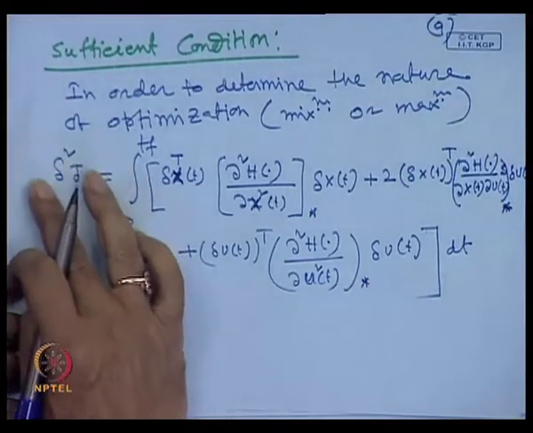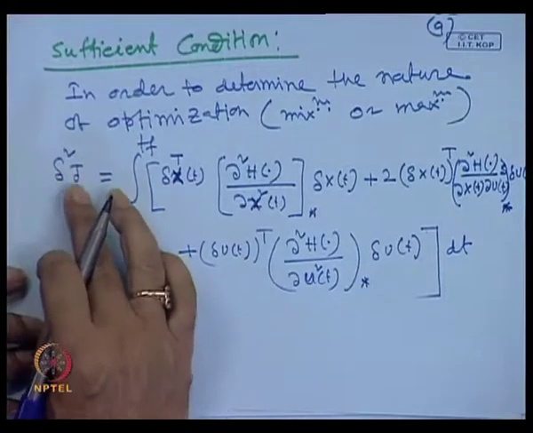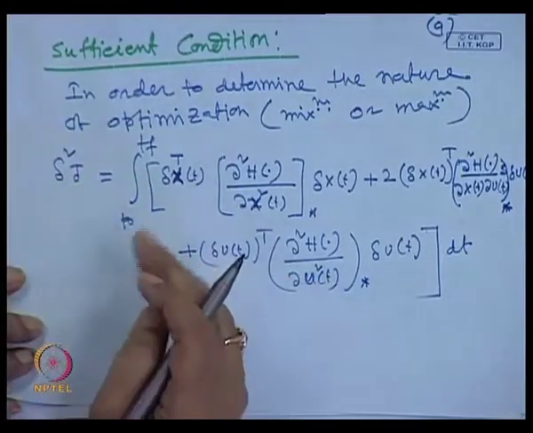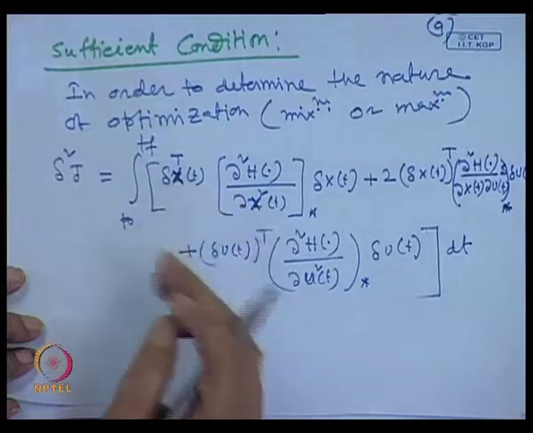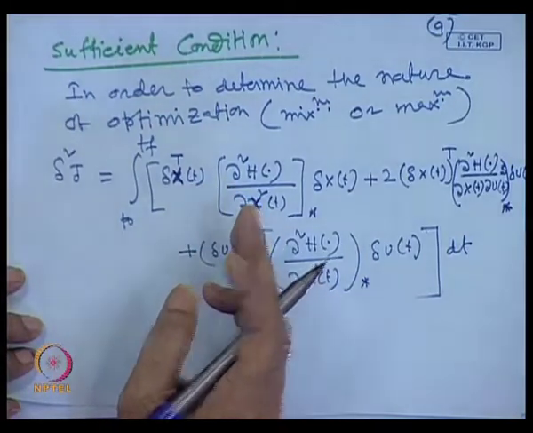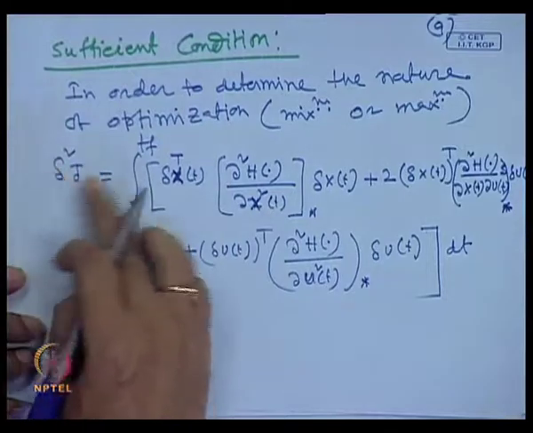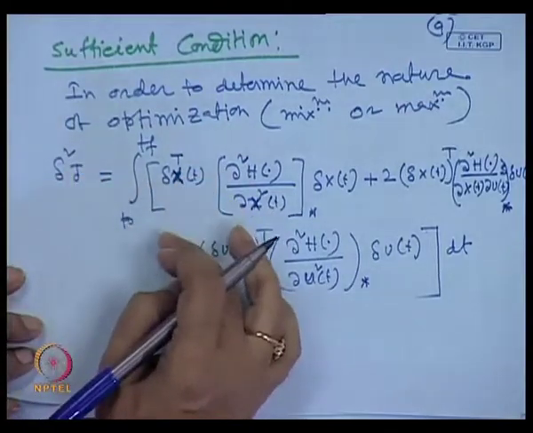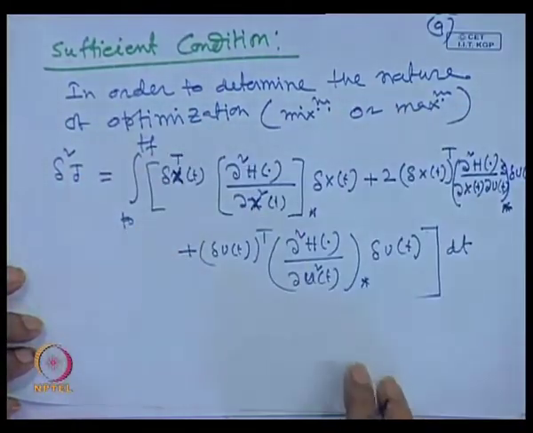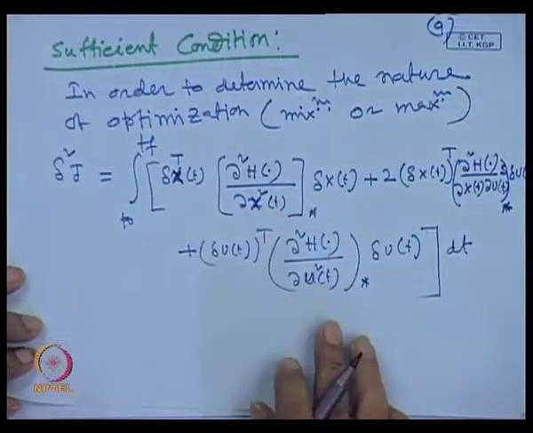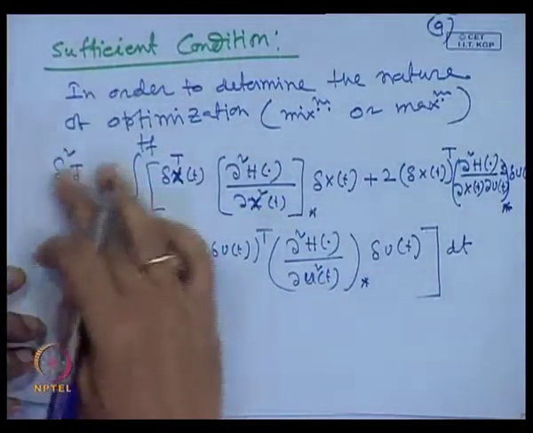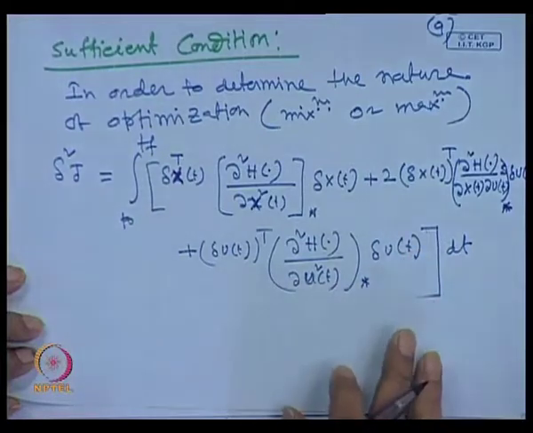We know the second variation must be positive if the functional value is minimum. If the integration value is negative, then the functional value is maximum.